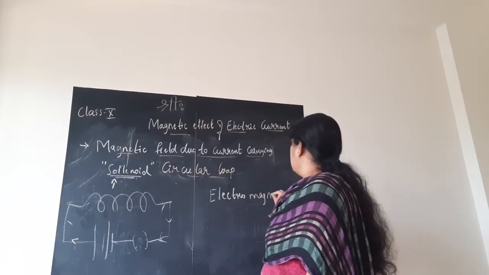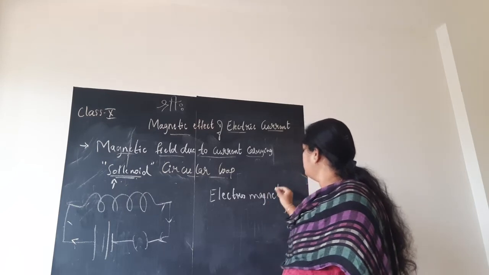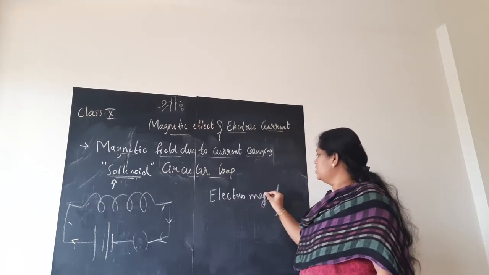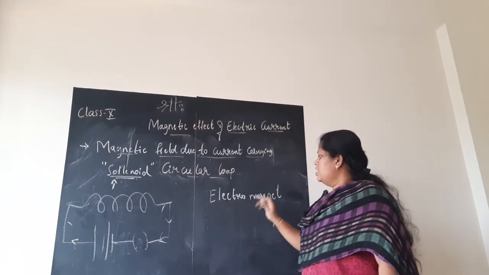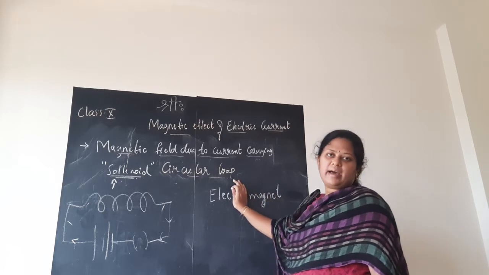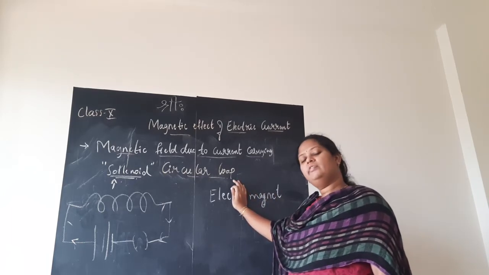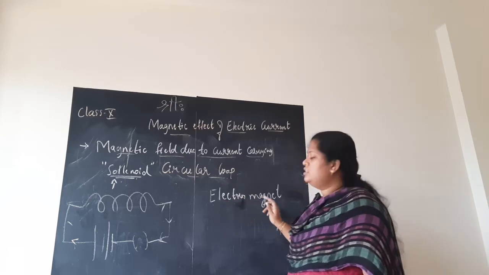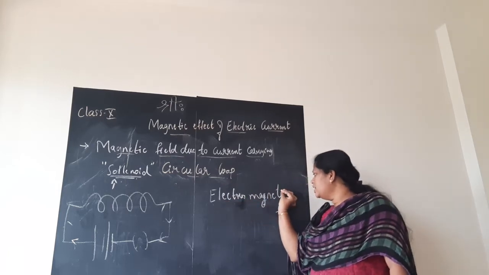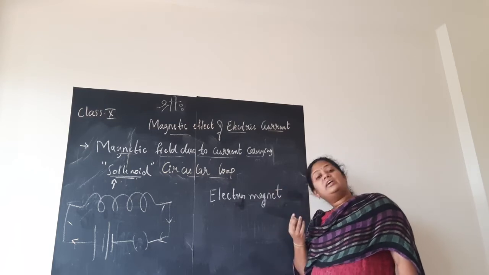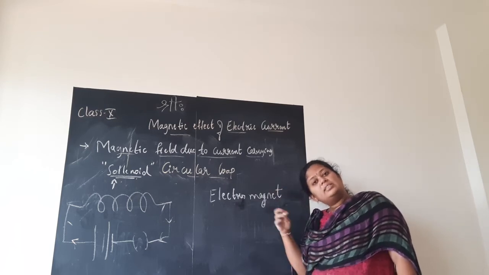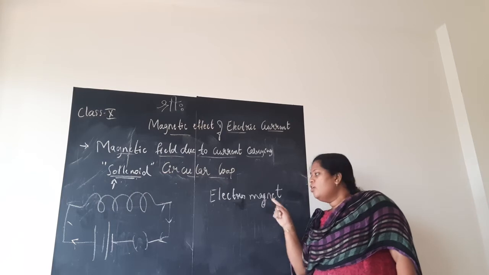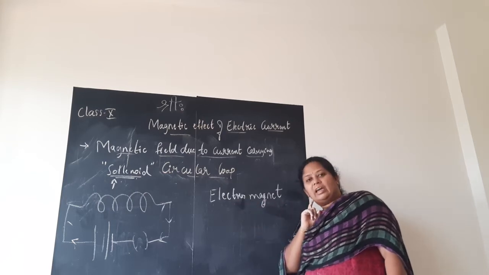If I simply say the word magnet, it is a permanent magnet which we all know. But when we see an electromagnet, children, the substance or any conductor will obtain this electromagnetic property only in the presence of current.